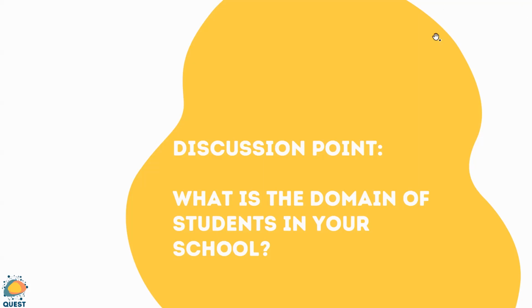But yes, we have more or less a clear domain of what, for example, students can and cannot do. The domain of the students here at school is everything that has to do with safety, for example. Safety issues like how many students can be jumping on a trampoline or where we can be at a certain time remain out of their scope, and are the domain of the managers of the school, the pedagogical team.